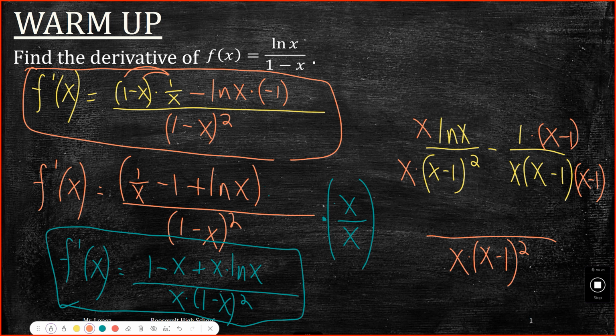And this is going to be x ln x. And distribute this negative, will be negative x, positive 1. So x times 1 minus x squared, you got your x ln x, your negative x, and positive 1.